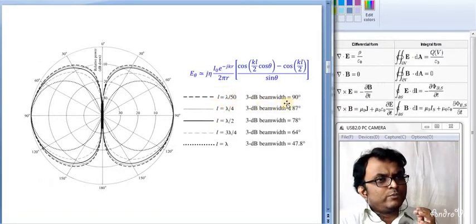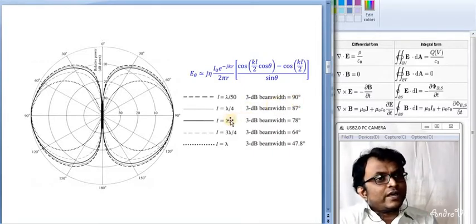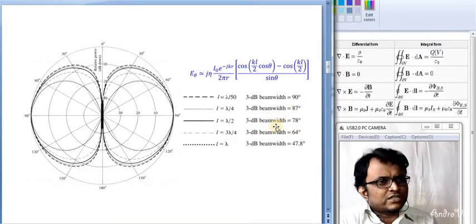The 3 dB beamwidth is nearly about 90 degrees, whereas for lambda by 4, the quarter wavelength antenna, it is 87 degrees. The most common antenna used today is the lambda by 2 dipole antenna, which is 78 degrees. That is the theoretical value, but the practical value comes near 72 to 73 degrees, due to some scattering effects, etc.